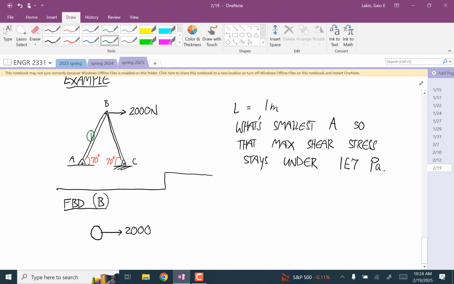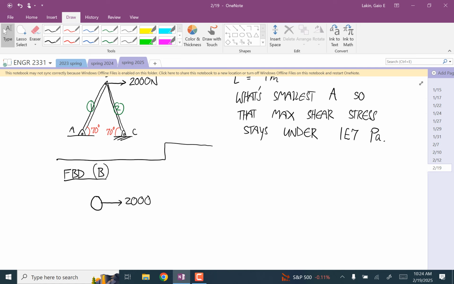I'll call this one 1 and this one 2. Okay, so if 1 is in tension, we're always going to assume that these members are in tension. It's going to apply a force this way. I'll call that F1. And if 2 is in tension, it's going to apply a force this way. I'll call that F2. And those are all the forces applied to that pin, applied to that joint.